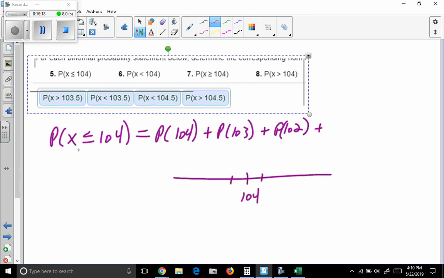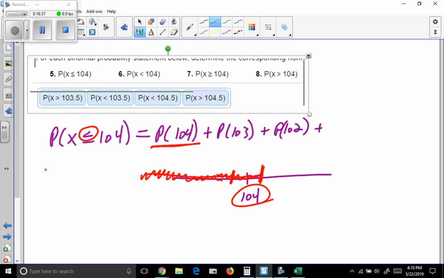Well, if we're doing less than or equal to 104, we're going to be doing this side of 104. If 104 has to be included, then we don't stop here at this correction. We stop here at that correction. That includes 104.